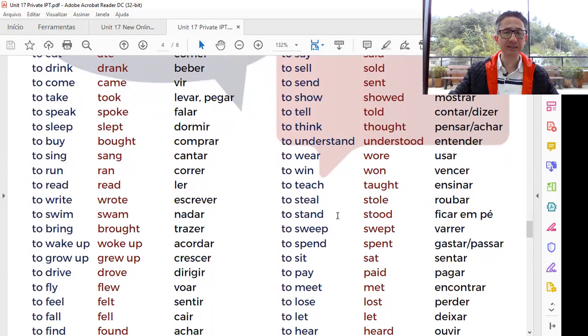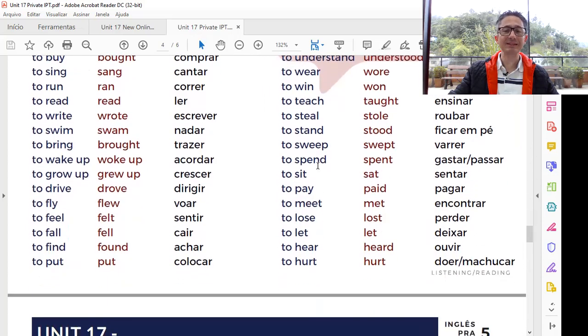To stand, stood. To sweep, swept. To spend, spent. To sit, sat. To pay, paid. To meet, met. To lose, lost. To let, to hear, heard. To hurt, hurt.